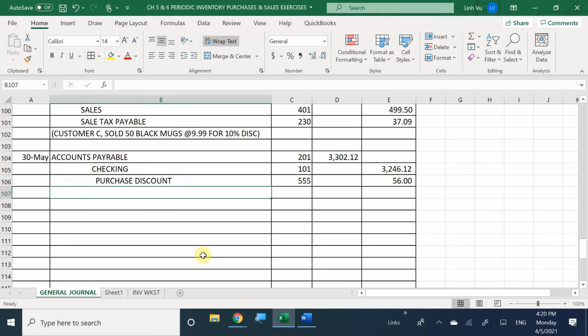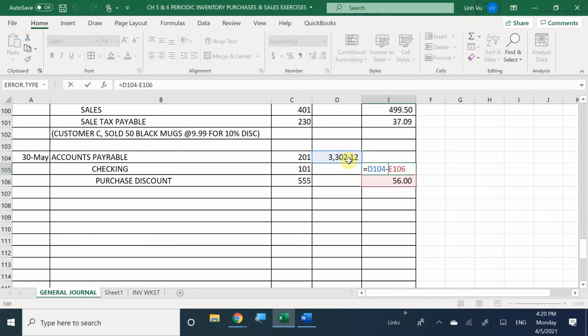We just subtracted the $56 from the 33.02.12. Because this is how much I owe, right? But I'm not writing a check for that amount. I'm writing $56 less. So I took the 3302 and subtracted the 56 to get the total amount that my check is going to be for. 32.46. Okay, got it.